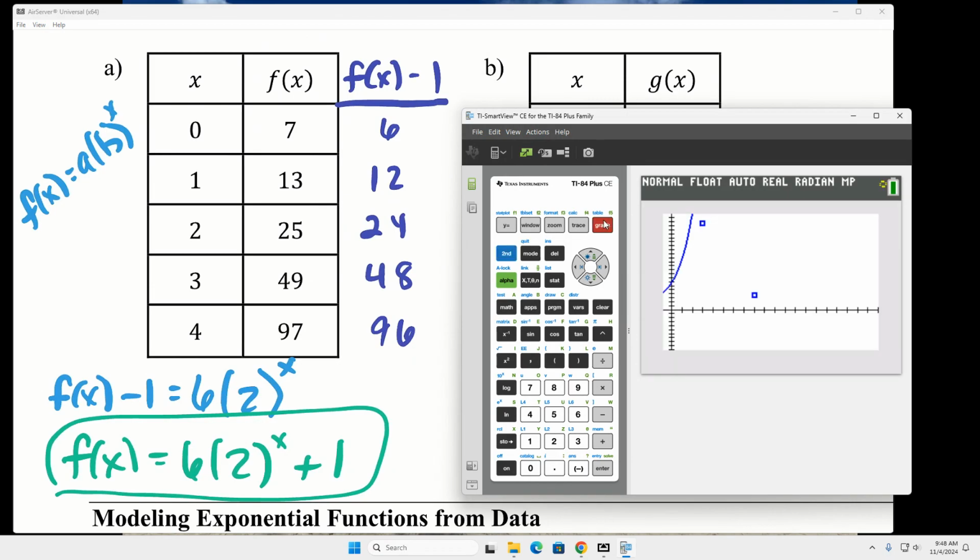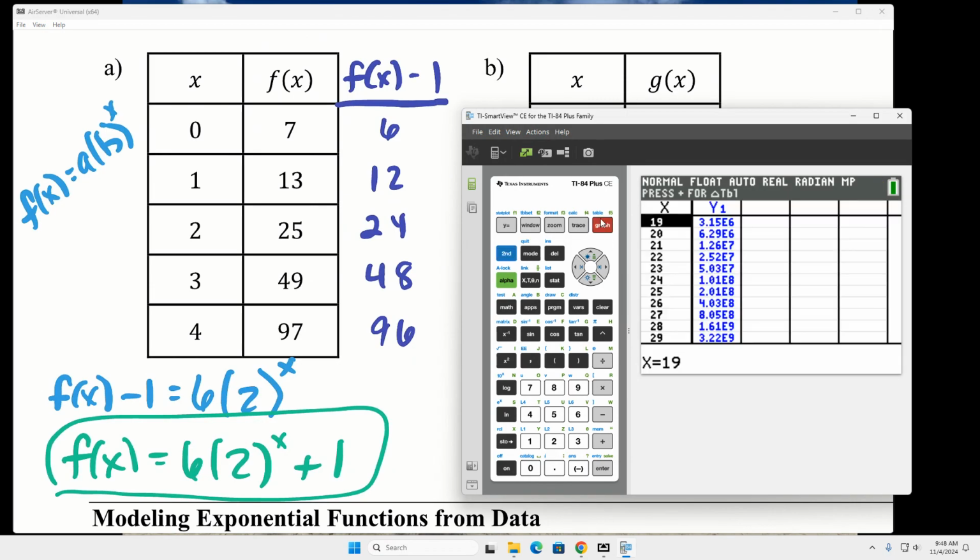I'm just going to go to the table and go to 0. And it should match the original f of x, and it does.